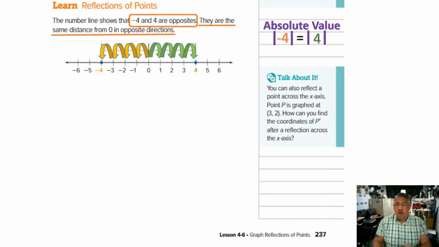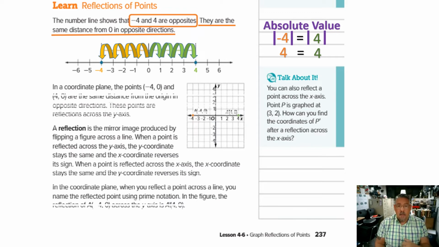I could say, well, I have -4 and +4 and ask, are they the same value? And they are, because whatever's inside the absolute value bars gets written down as a positive number. So the absolute value of 4 is equal to the absolute value of -4, and vice versa. So when I go to plotting then, understanding reflections, there's some information.